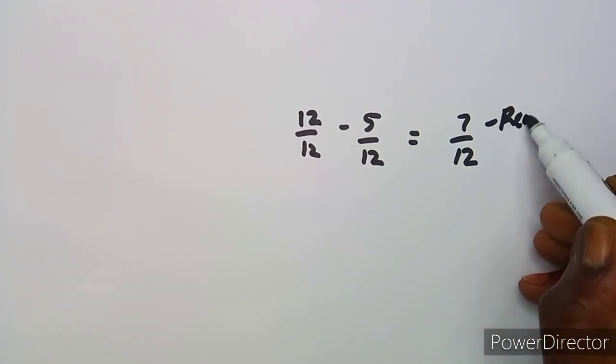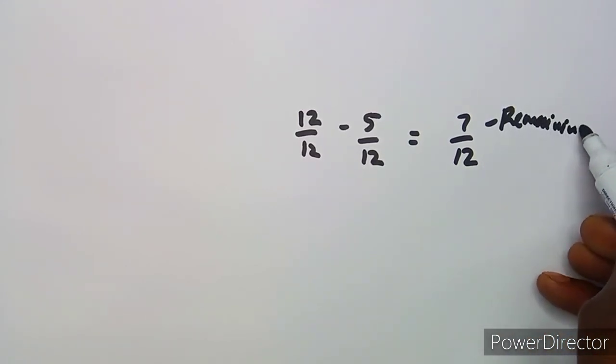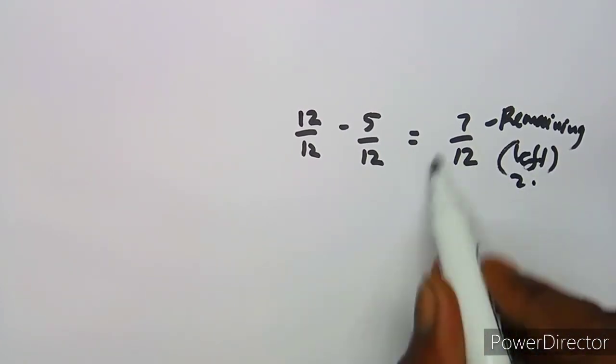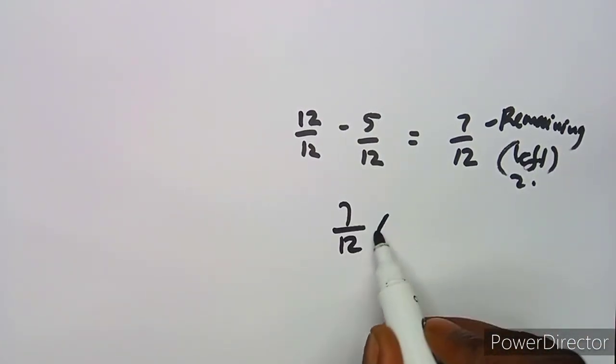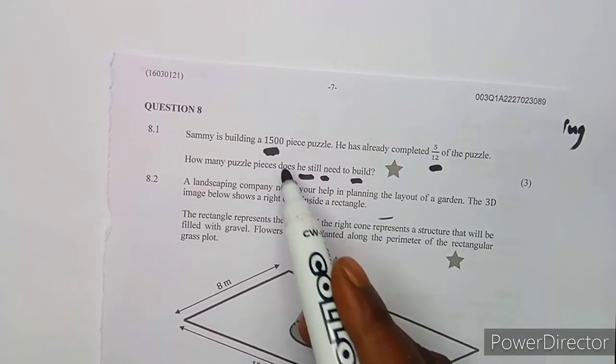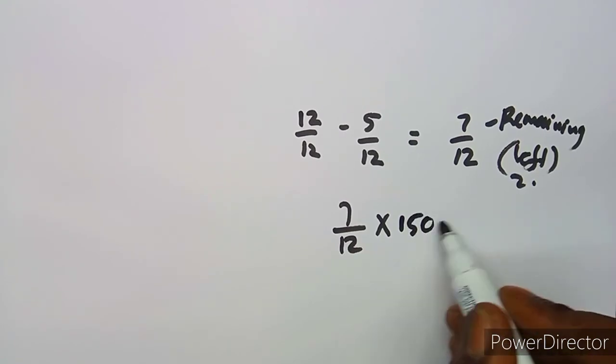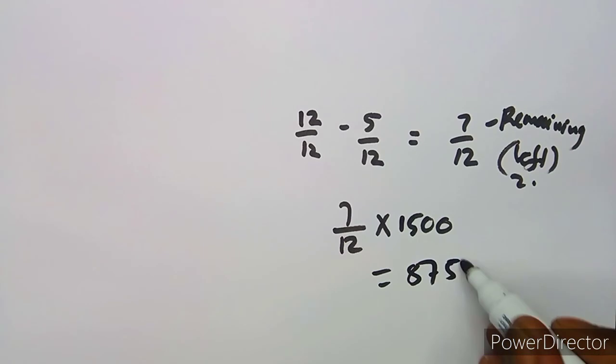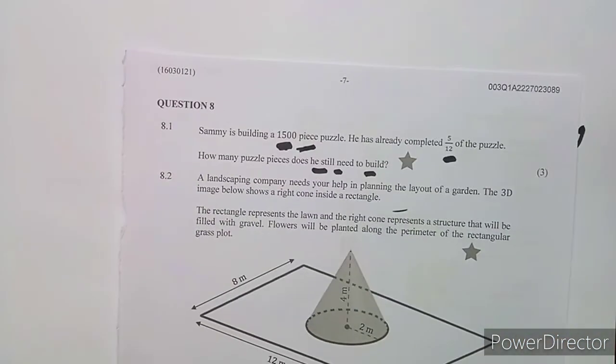So this is our remaining, or the part that is left to be built. So we are just going to use that as a fraction: 7 over 12 times how many puzzle pieces are there? 1500. So definitely you can obtain the same thing, which is 875, just like the other one.